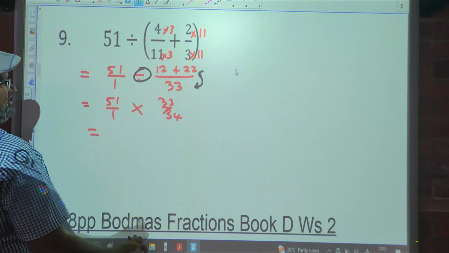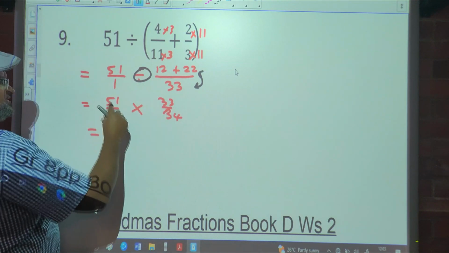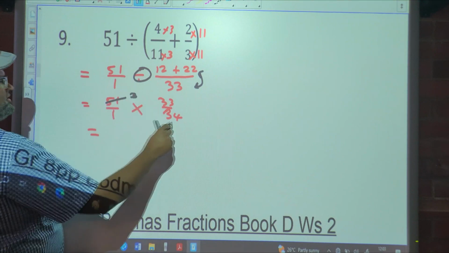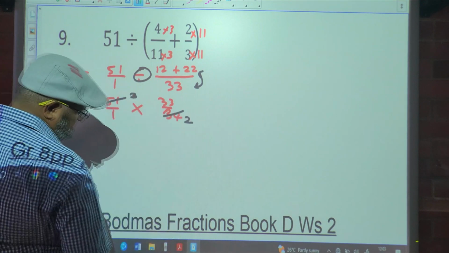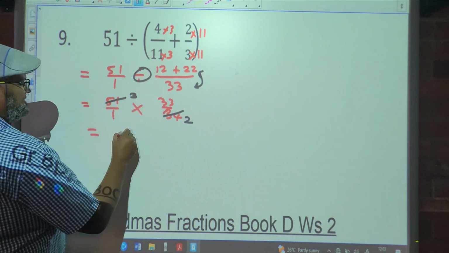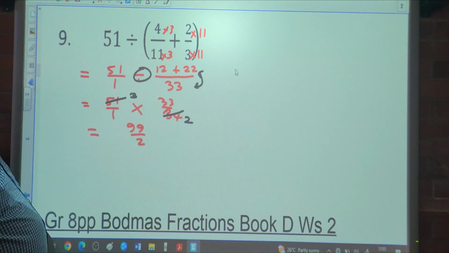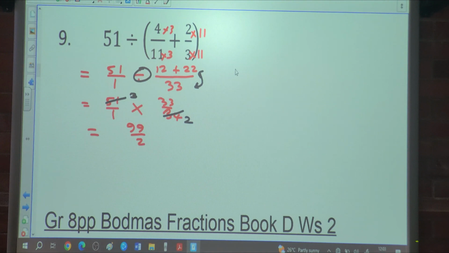Is there anything that can go into 51 and into 34 without remainder? 17 goes into here 3 times, 17 goes into there twice. 3 multiplied by 33 is 99 over 1 multiplied by 2 is 2. So 49 and a half is absolutely correct. Okay.